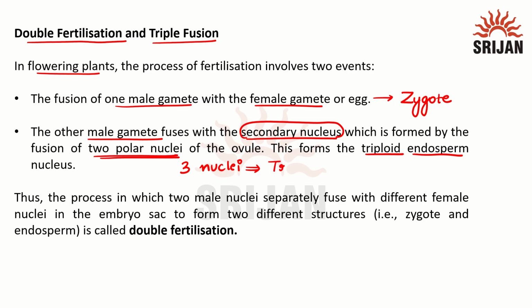Because it results in fusion of three nuclei, it is known as triple fusion. And since fusion of gametes with the structures present in the ovule occurs twice, forming two different structures, that is zygote and endosperm, this type of fertilization is known as double fertilization.